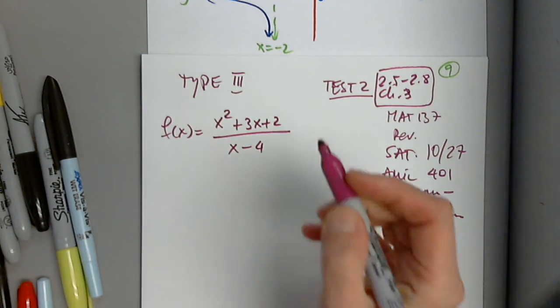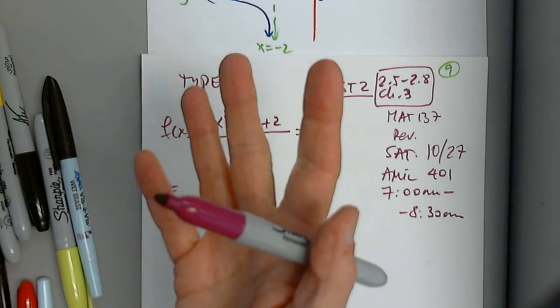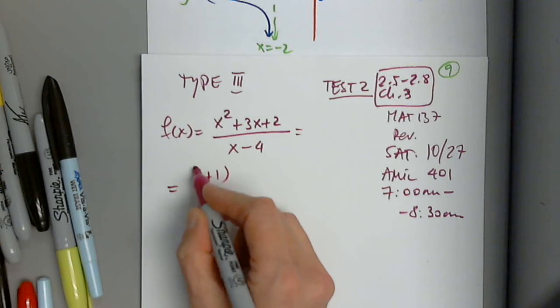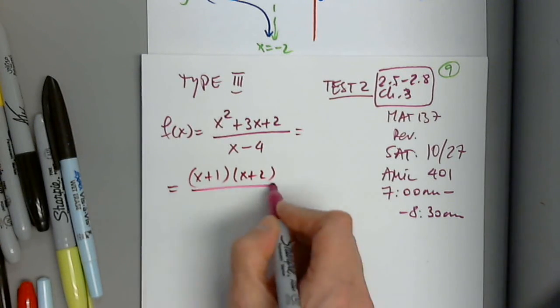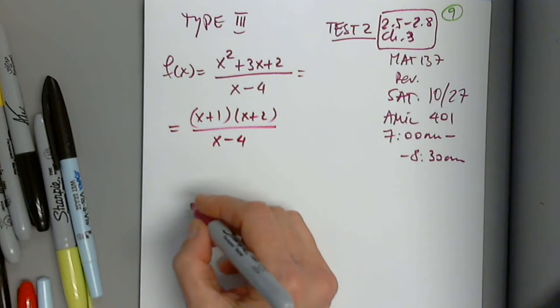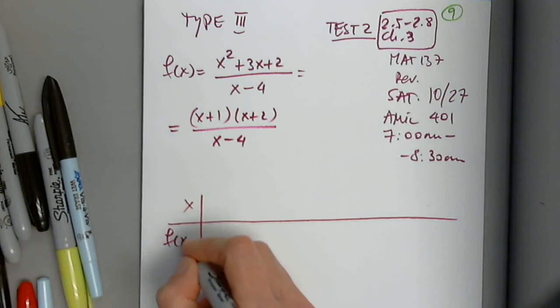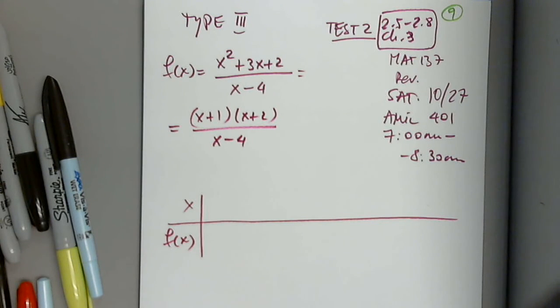Good. What do I have to do immediately? Yes. So I'm using the same top as we did before: x plus 1, x plus 2, divided by x minus 4. Very good. So there is only one minor difference between type 3 and the rest, type 1 and type 2.